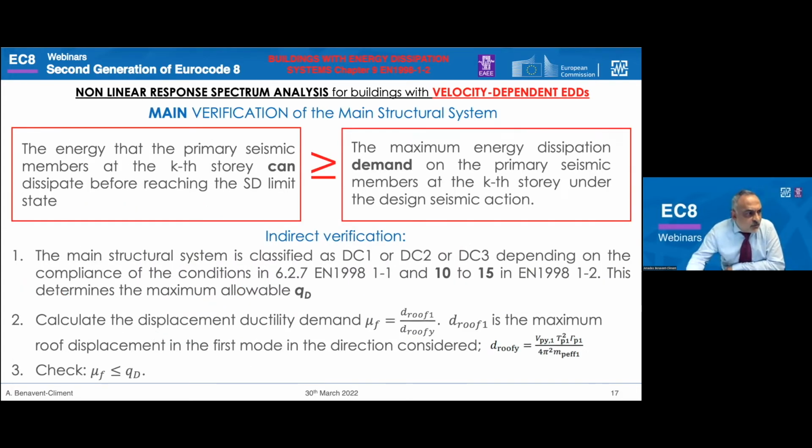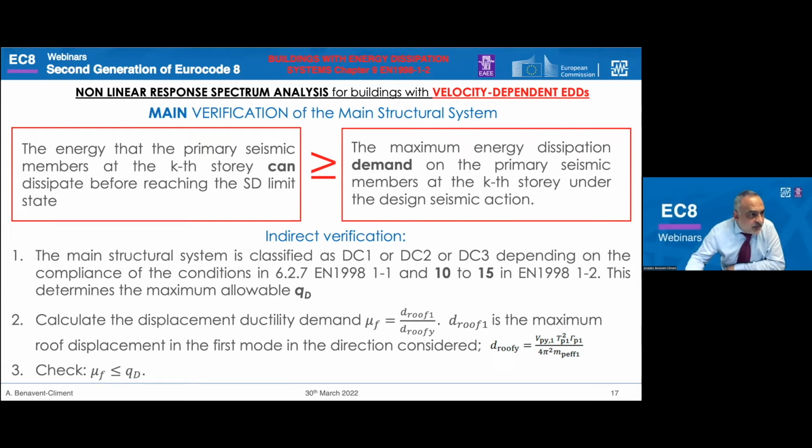So let's now focus on how the nonlinear response spectrum analysis method makes the energy verification of the main structural system. That is, how we check that the energy that the primary seismic members of the K story can dissipate before reaching the significant damage limit state is larger than the maximum energy dissipation demand.